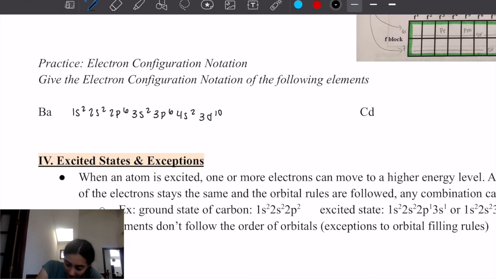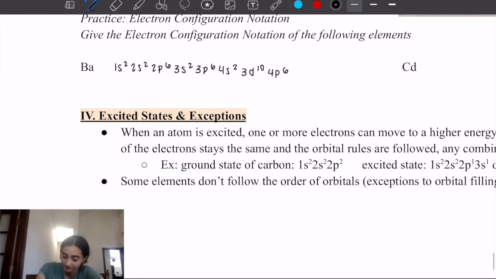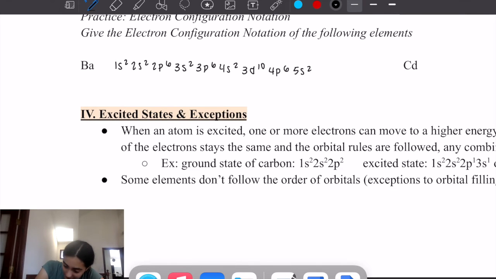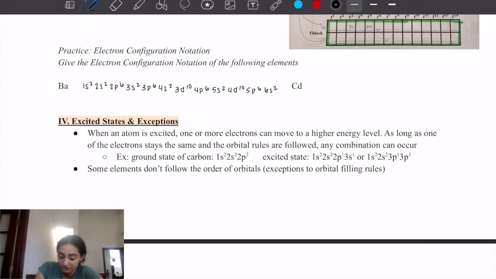Then we have 4p6 because it's in the P block. Also, helium is 1s2, so it's in the S block. So after 4p6, we have 5s2, then 4d10, 5p6, and then we have 6s2. That is the electron configuration notation for barium.